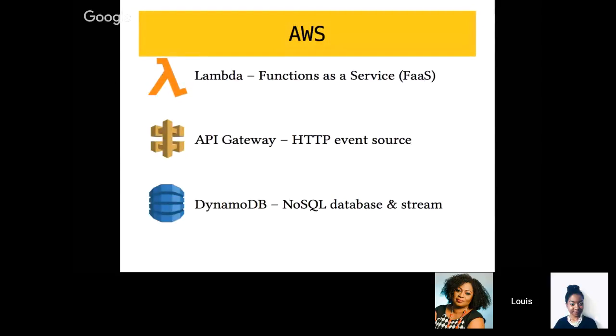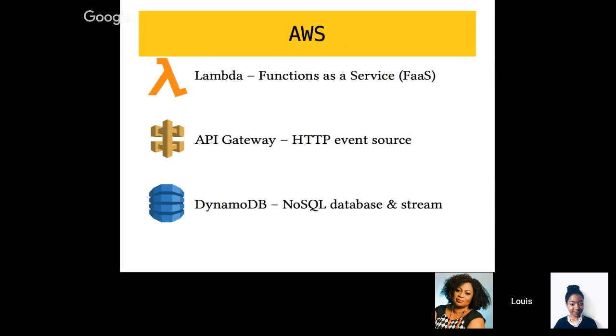We will be putting together a simple API Gateway endpoint to trigger a Lambda function on a POST request and store some data in a NoSQL database, which will then trigger another Lambda function based on that addition to our database. Now, in my experience, DynamoDB, which is AWS's in-house NoSQL database, very much like Mongo, has been really a great solution as both a document store and a queue.